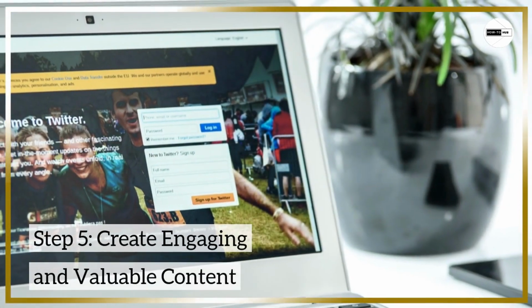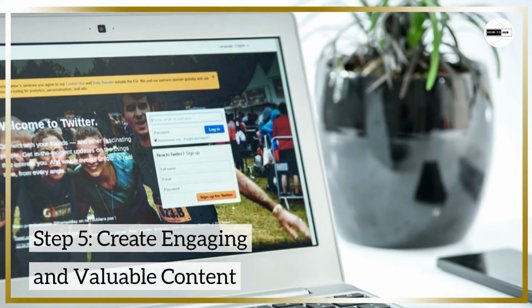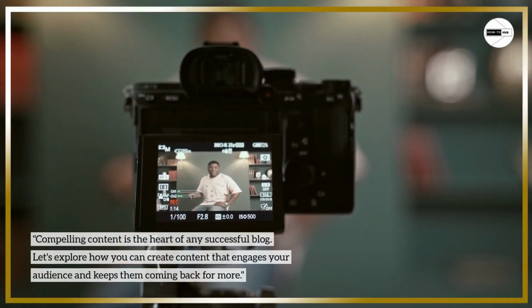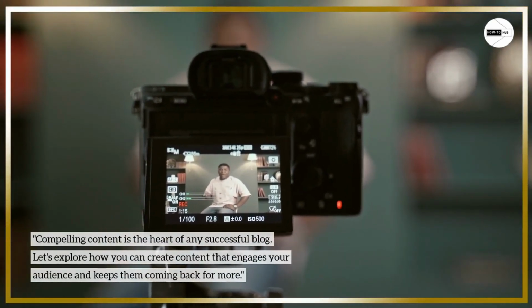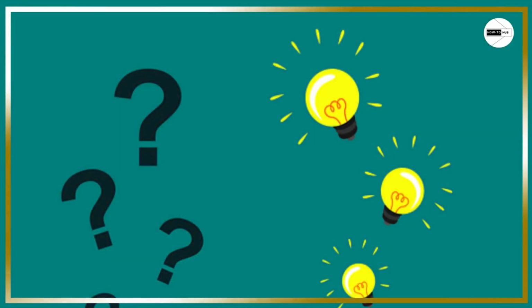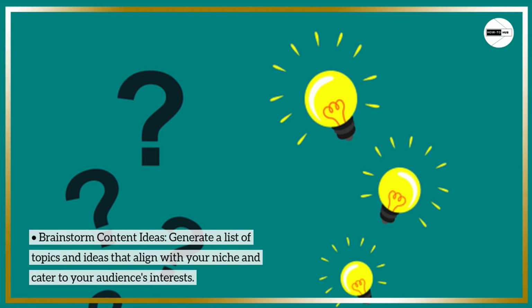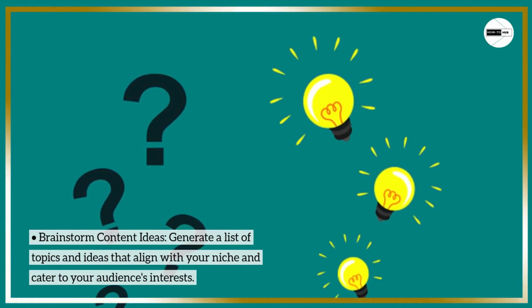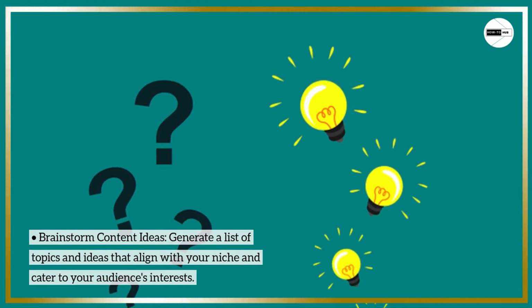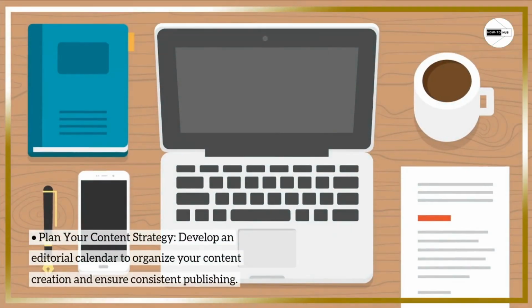Step 5. Create engaging and valuable content. Compelling content is the heart of any successful blog. Let's explore how you can create content that engages your audience and keeps them coming back for more. Brainstorm content ideas. Generate a list of topics and ideas that align with your niche and cater to your audience's interests. Plan your content strategy.